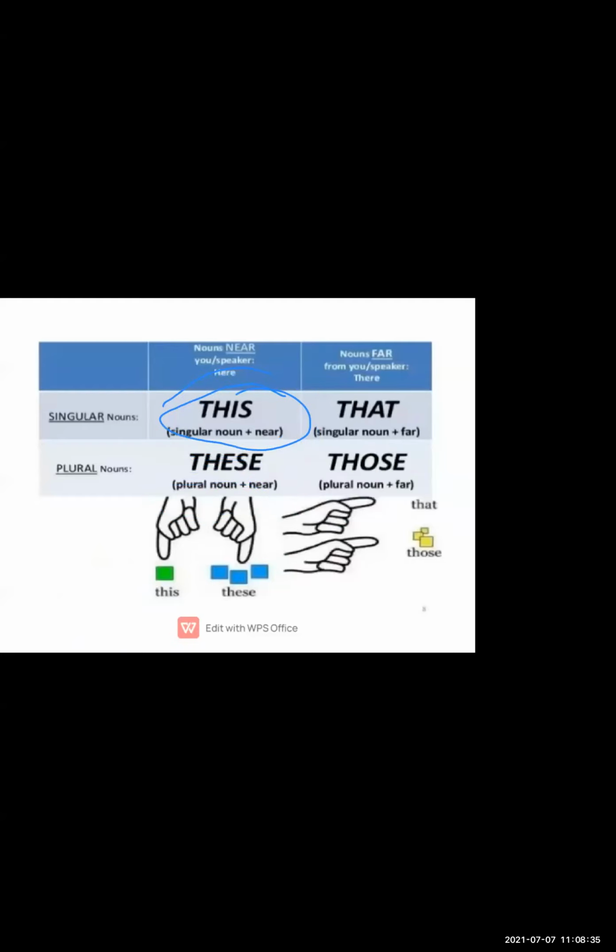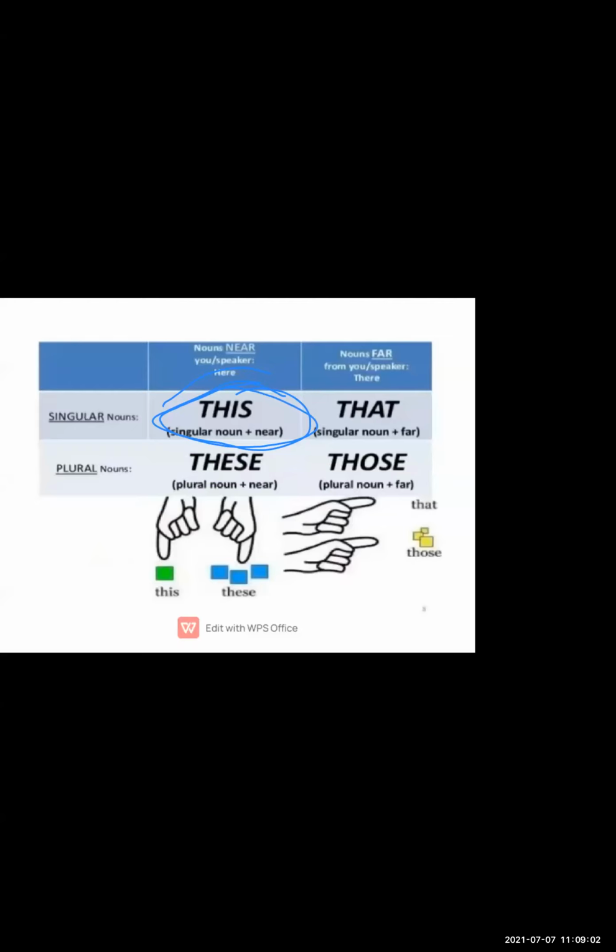Whatever thing or noun is near to you and you just want to point it out, at that time you have to use this. This is my book, this is my mobile, this is my TV, this is my cupboard. Whenever you point out, you have to use this.